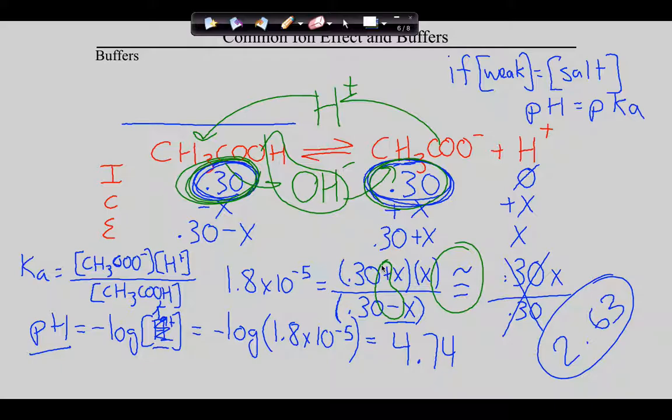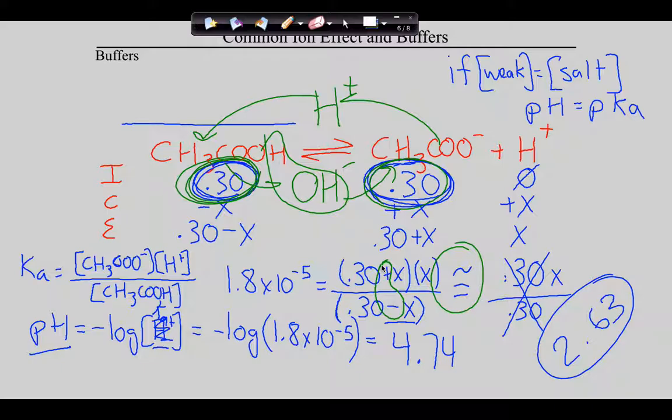Good. So what if your Ka is greater than 10 to the negative third? Those make lousy buffers. Really, the smaller the Ka value is, the better the buffer will be, because the amount of substance that you gain and lose because of dissociation is smaller.